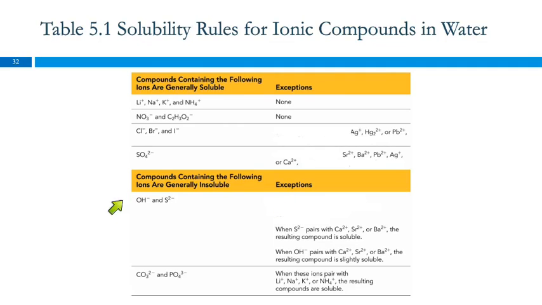And here we've got hydroxide and sulfide, and they're giving these separately, but the exceptions are both the same: calcium, strontium, and barium. For sulfide, it's soluble. For hydroxide, it's slightly soluble. We're not going to care about the difference between those, so we're just going to do calcium, strontium, or barium.